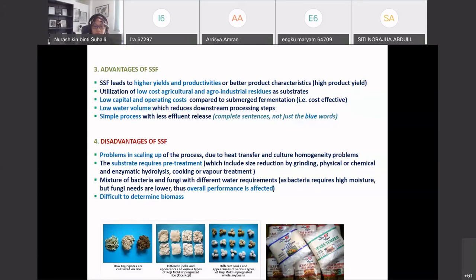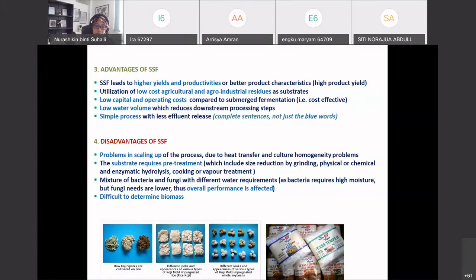For liquid fermentation, if let's say you want to use sago hampas, you have to do some sort of pre-treatment whereby you have to break first the lignin, hemicellulose, and cellulose in order to get the glucose form. Otherwise, you cannot just dissolve the sago hampas in the liquid because it doesn't dissolve.